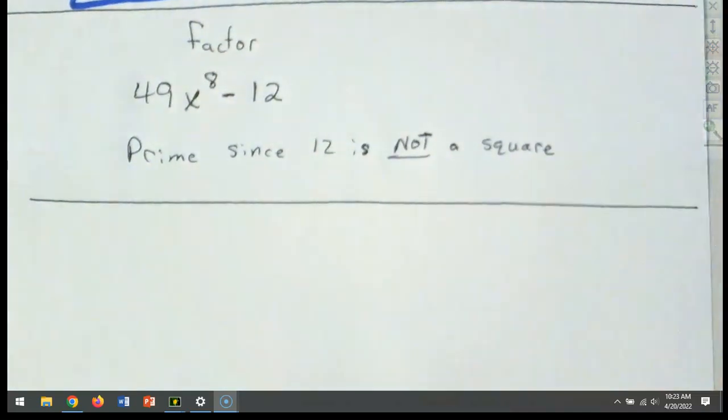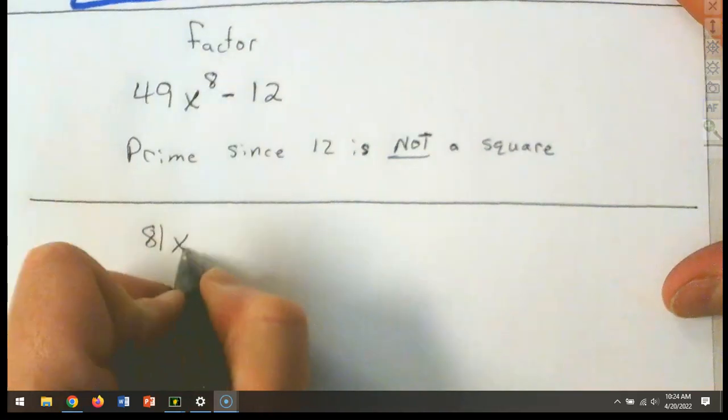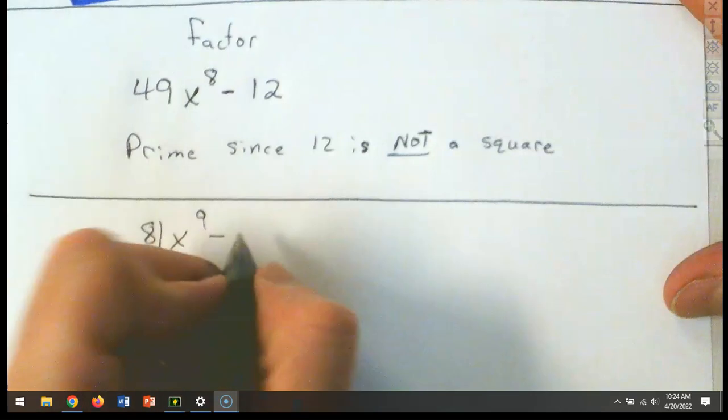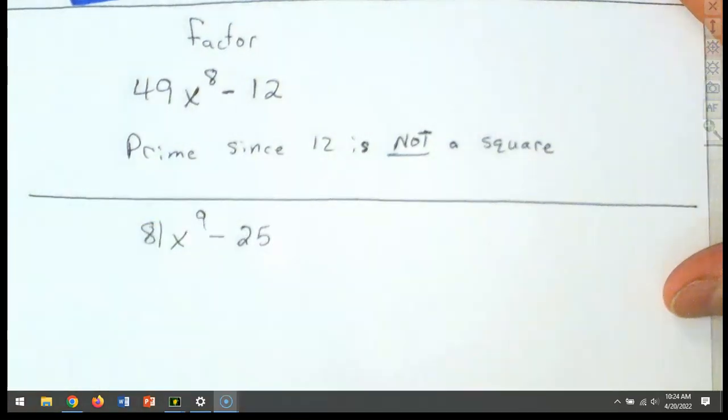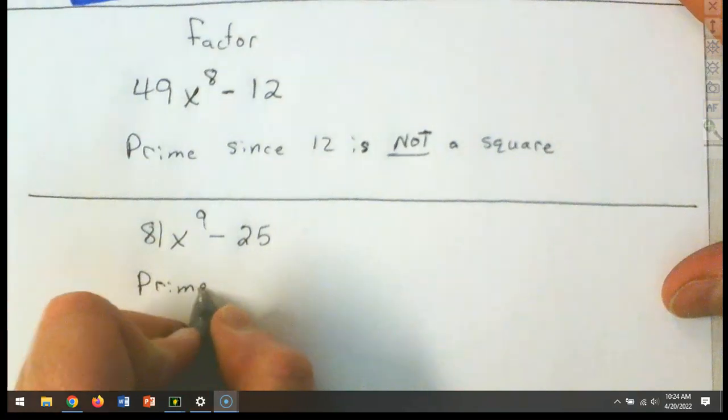If it would have been, let's say, a 16, then it would be factorable, right? You'd be able to factor it, but 12 is not a square. This one's also prime. On the next one here, you may think this one can factor, but this one's also prime.